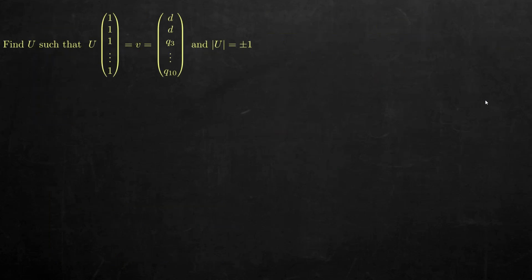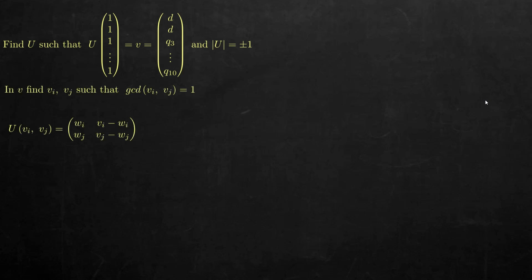Once the elements of V are determined, we want to reapply the block matrix method to find the unimodular matrix U, such that U will map the vector of 1s to the vector V.